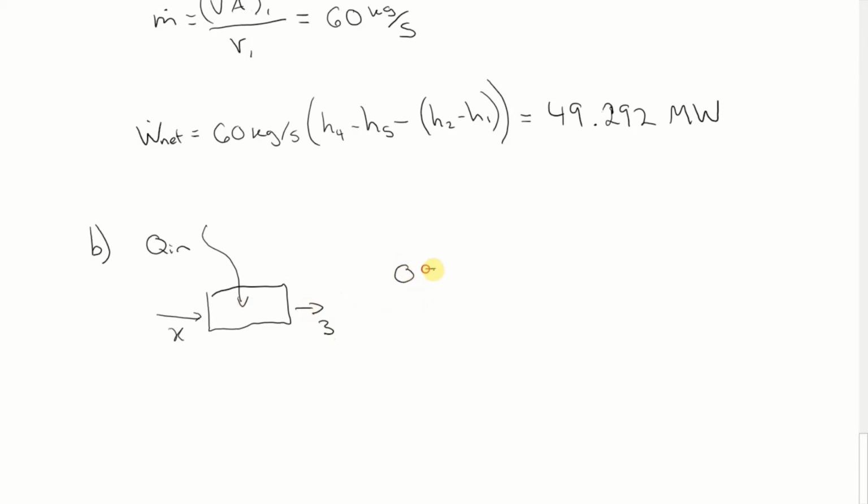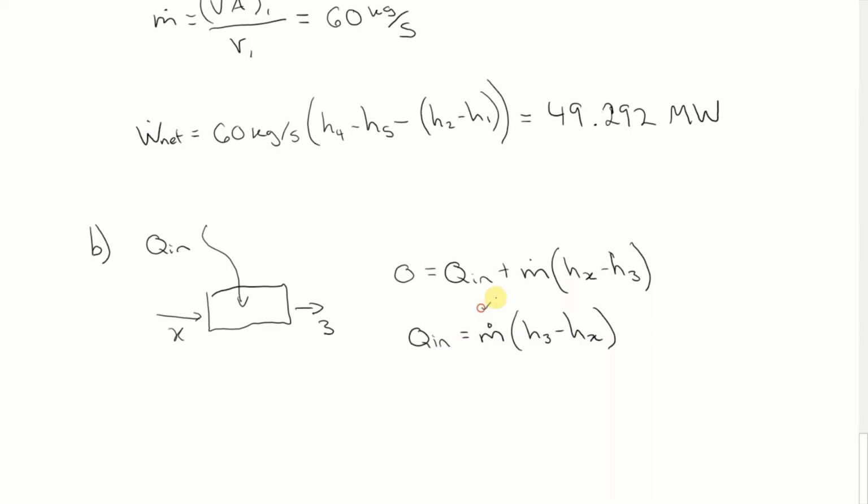So we have 0 is equal to, okay, we know there's no power produced by a heat exchanger. We have Qin. The fact that it's in means we should add it. So Qin plus m dot. Once again, we know we have no change in potential energy, no change in kinetic energy. So this is going to be Hx minus H3, making our Qin equal to m dot times H3 minus Hx.